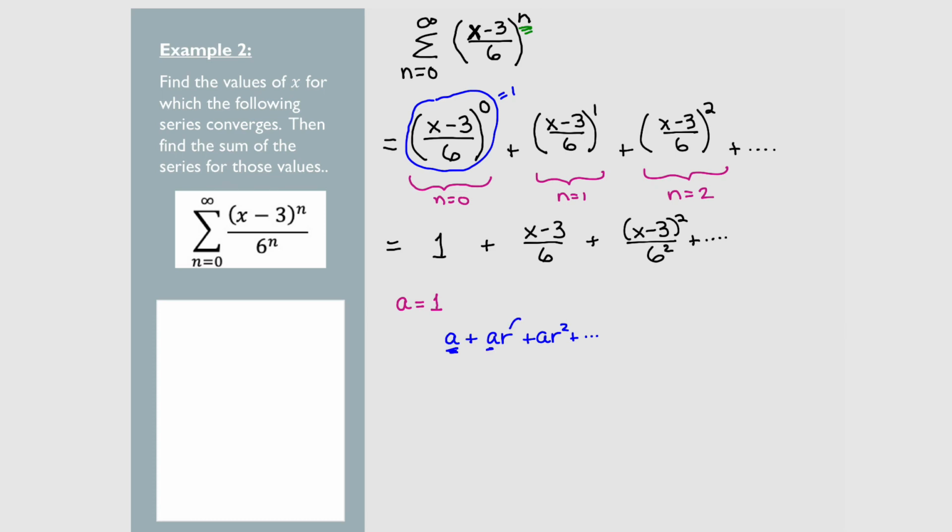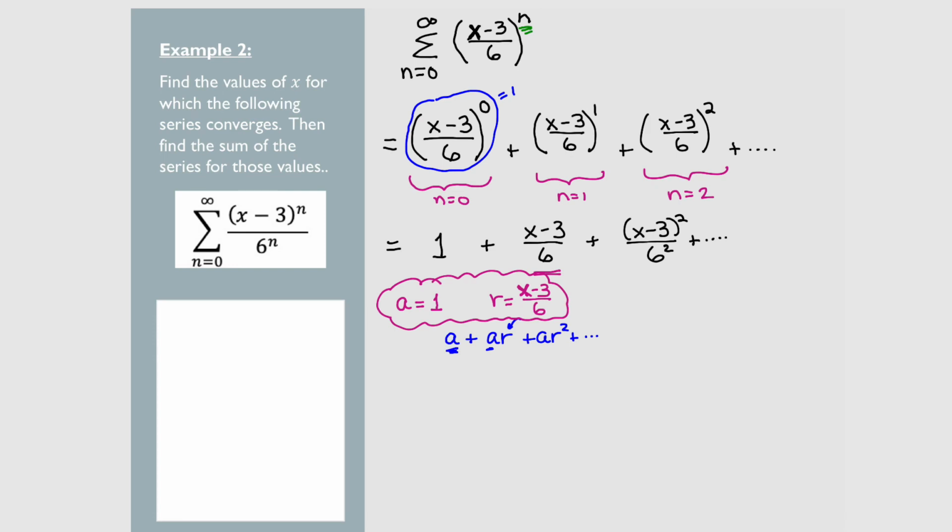So the r value is the thing I multiply by a to get my next term. So if a is 1, to get the second term in this geometric series, I would have to multiply 1 by (x minus 3) over 6. And so that tells me that my a value is 1, but more specifically also that my r value is (x minus 3) over 6, as weird as it seems. I've got to keep that variable.